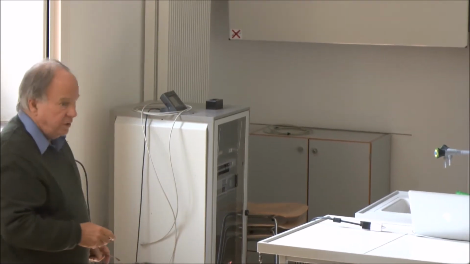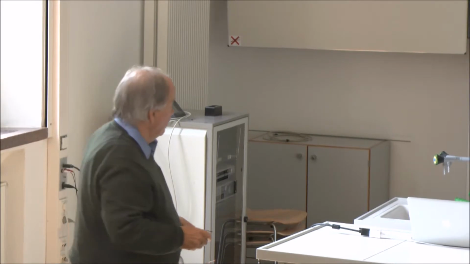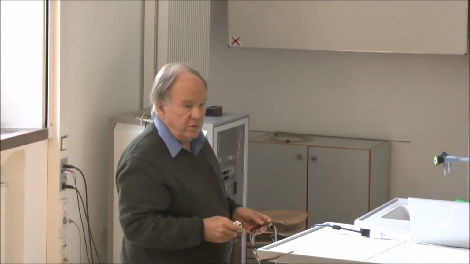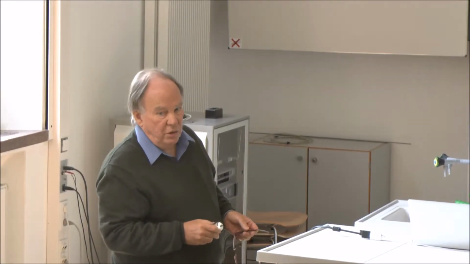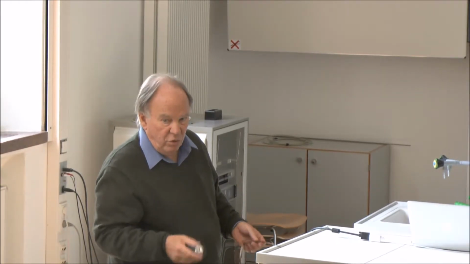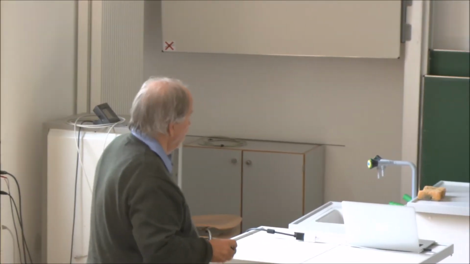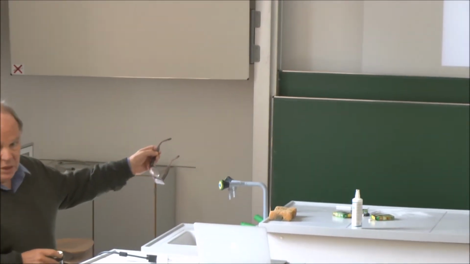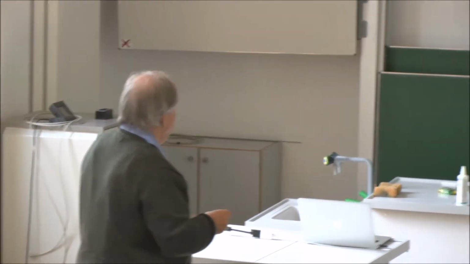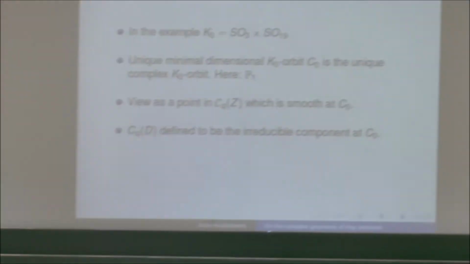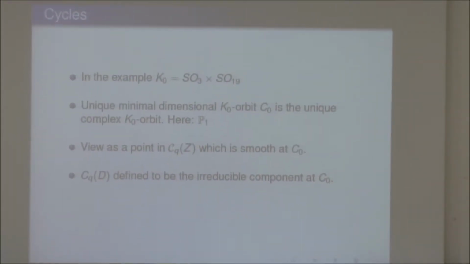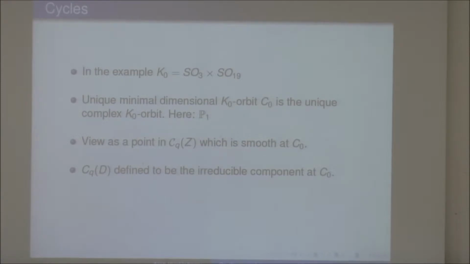Now, somebody may call this the Chow scheme, and I call this Barlet space because I very much use the point of view of Barlet and a more analytic point of view to this cycle space. So this infinite dimensional space is locally finite dimensional, its irreducible components are finite dimensional. And what we then look at are the cycles that stay inside of D, because we're interested in D. We start with the base cycle, that was this K0 orbit, and we think of all possible other cycles there.